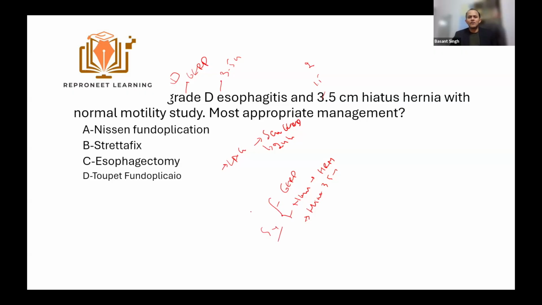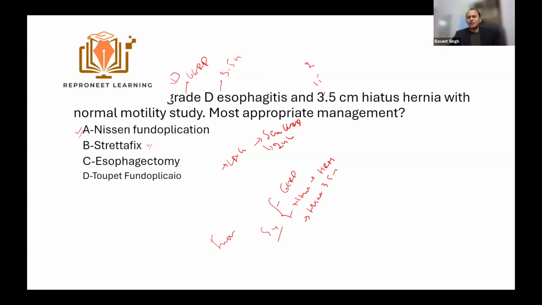What surgery? Obviously, he will require a fundoplication. Now what, Nissen or Toupet? We do Nissen because this patient has grade D esophagitis with normal motility studies. So we do a Nissen fundoplication. Why not Stretta? This is also very attractive, it's an RFA-guided procedure that we do for GERD. It is non-invasive, we don't require any surgery.